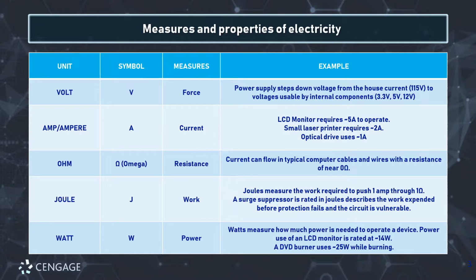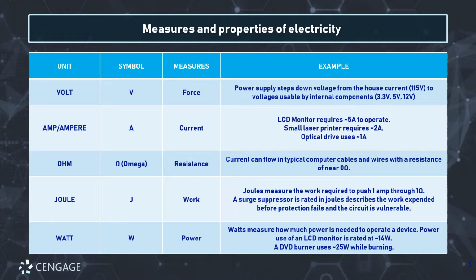So the first thing we're going to talk about is the volt, represented by the letter V. This measures electrical force, so the amount of energy transitioning. If there's a measurable amount, then of course we have force. You can think of it almost also as pressure, the amount of oomph behind an electrical flow.